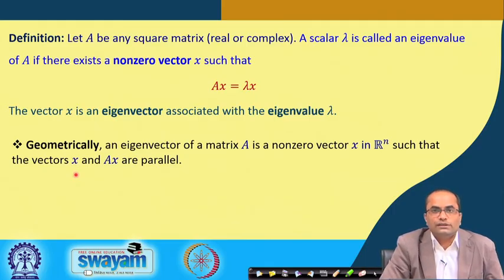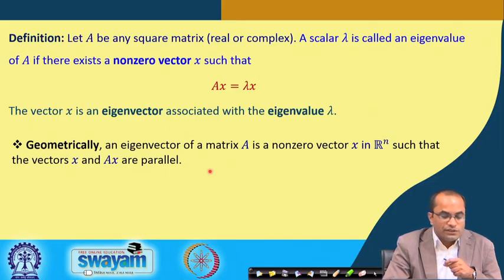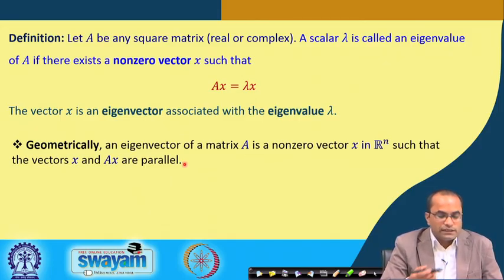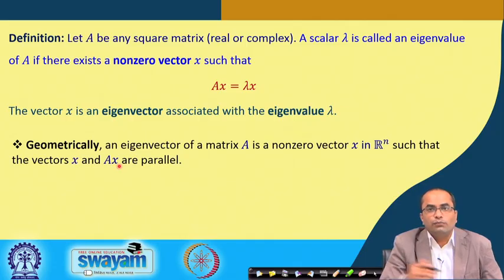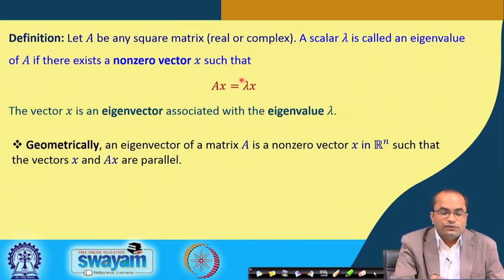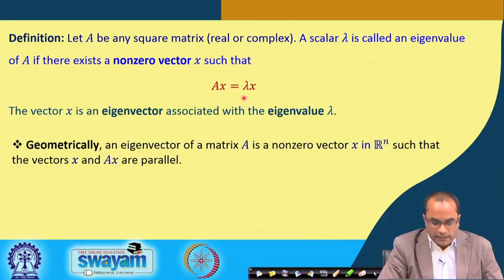In the previous example, the vector v and the vector A v were parallel, only the length was different. So, the geometrical meaning of eigenvalues and eigenvectors in general is that x and A x are both parallel and their magnitude changes, and therefore we have this eigenvalue lambda.